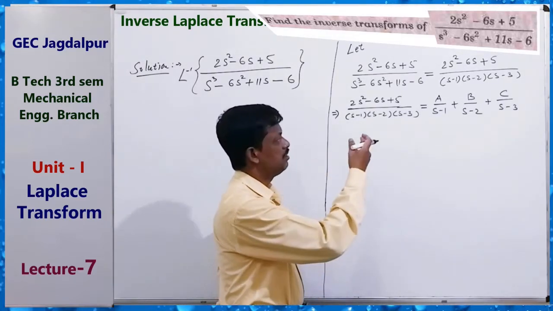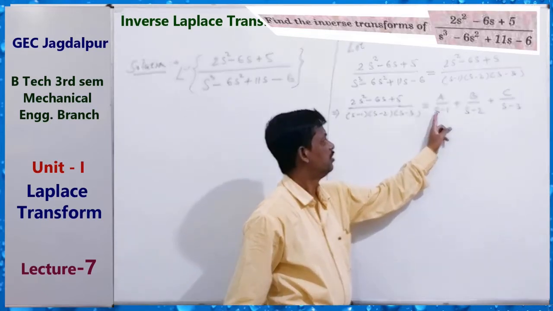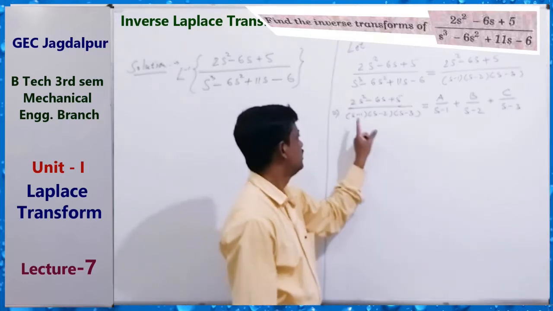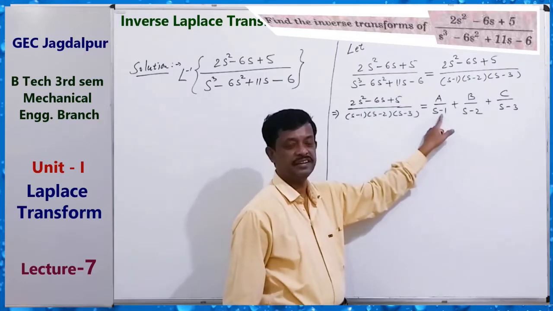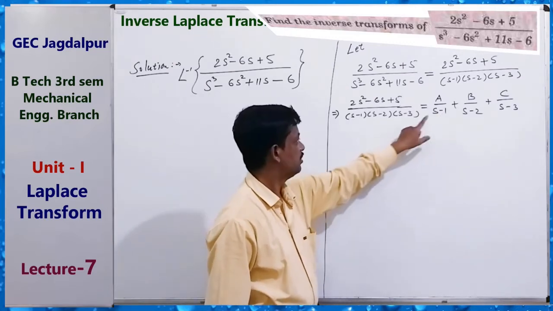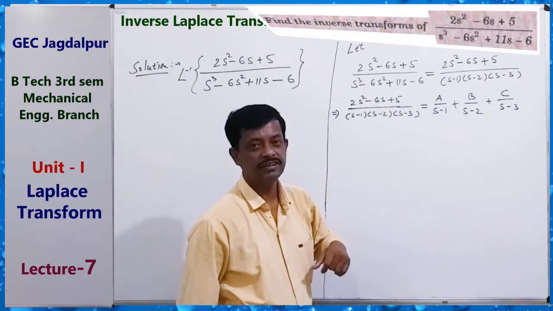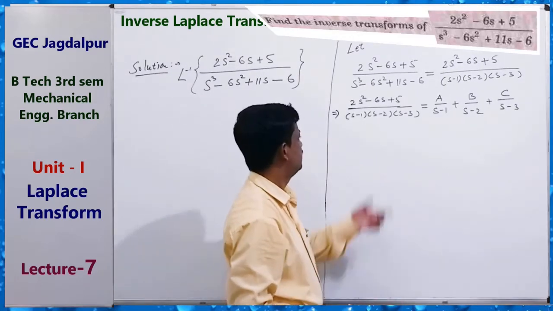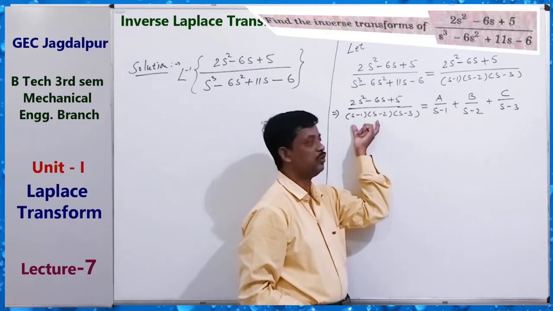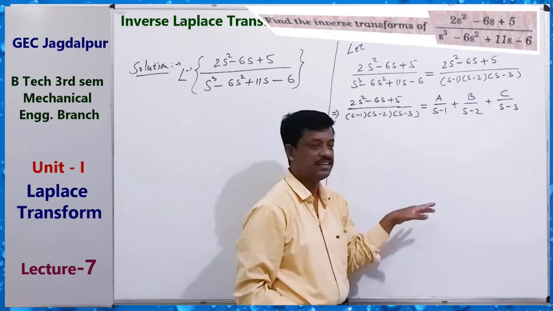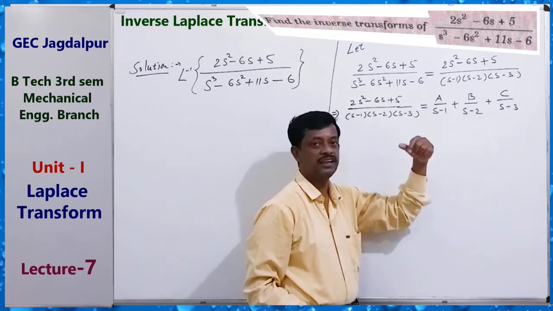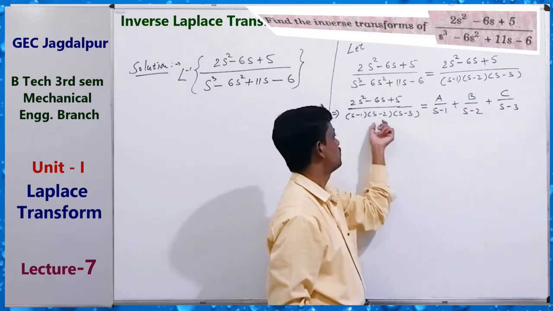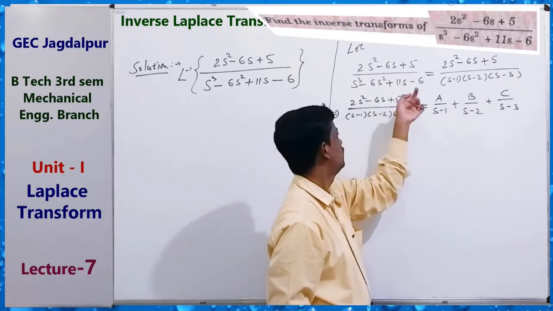How? We can find the value of a by putting s equal to 1 on both sides except here and here. Shortcut method: these three go to here, s minus 1, s minus 1 cancel, s minus 2, s minus 3 with a, with b, s minus 1 and s minus 3, with c, s minus 1 and s minus 2, and the left side will be like this.